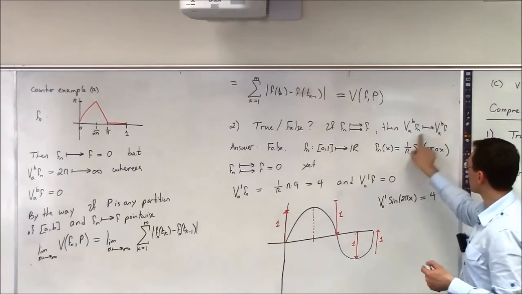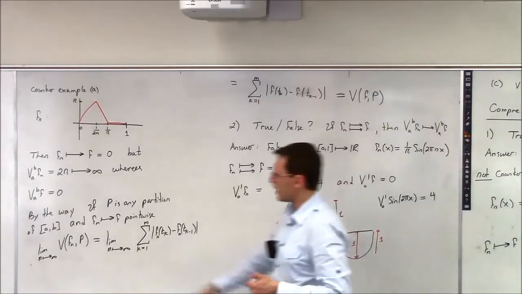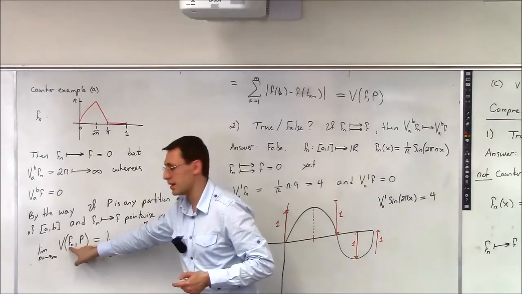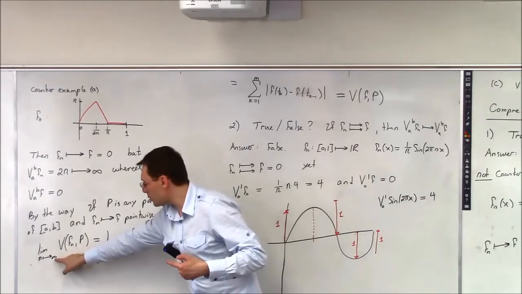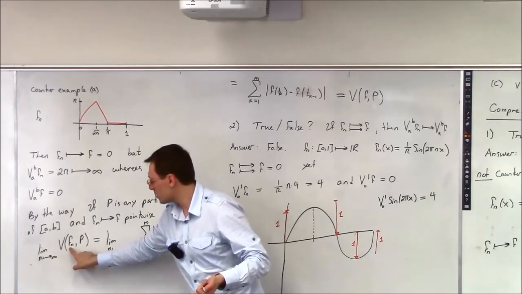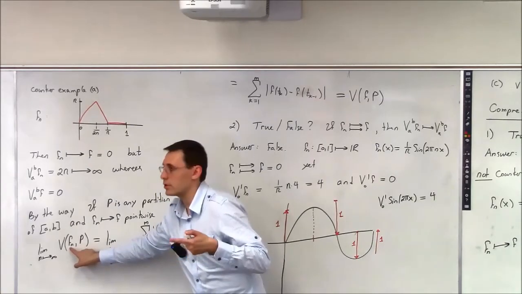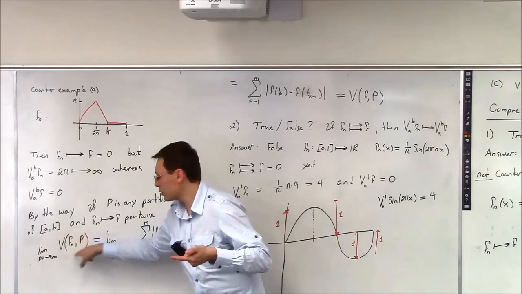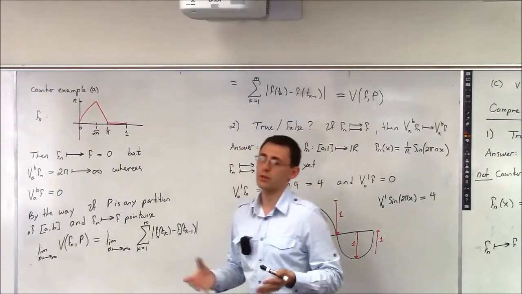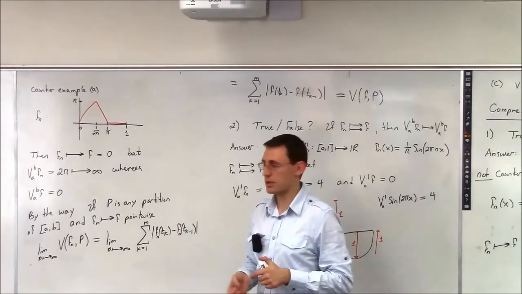Now, if I refine this partition, I can also make it almost the same as the variation of fn. But when I push the limit, I change fn. So as I change fn, I have f sub k, or f sub j. For this new f, this might no longer be a good approximation. This partition might not work. That's really what's happening. Do you see roughly what I'm talking about?